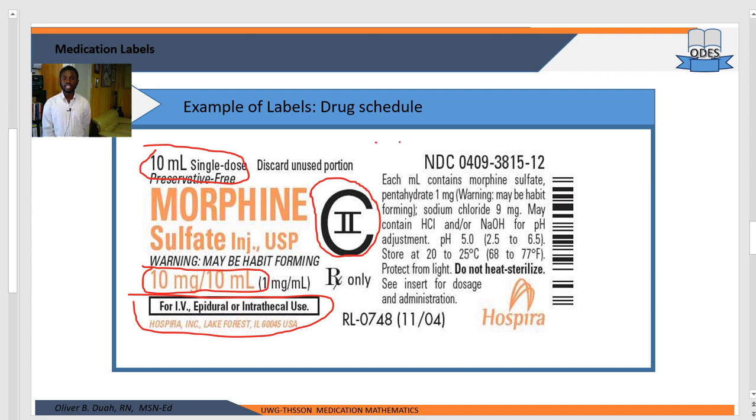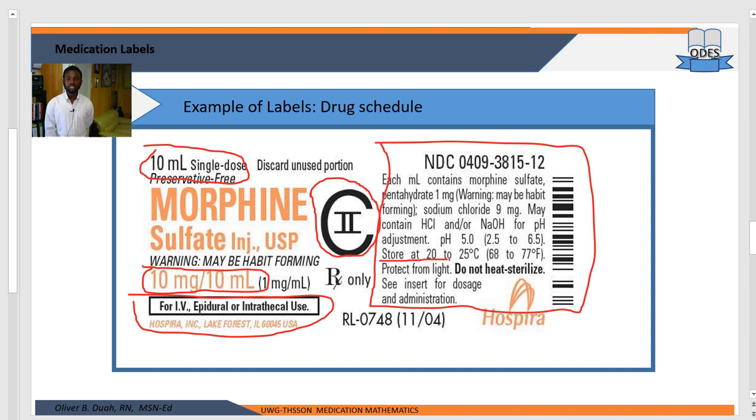On this side, it gives you some information about how to store this medication. It tells you to store this at 20 to 25 degrees Celsius. When converted to Fahrenheit, this is 68 to 77 degrees Fahrenheit.